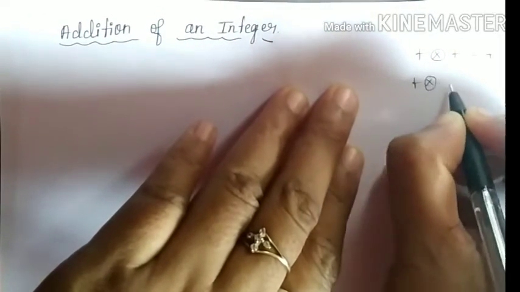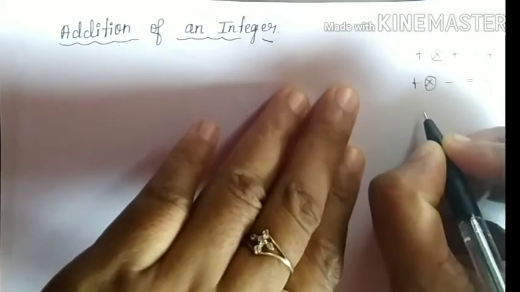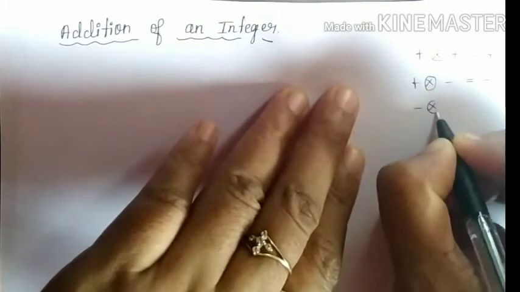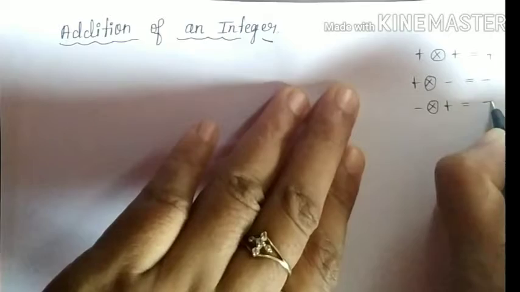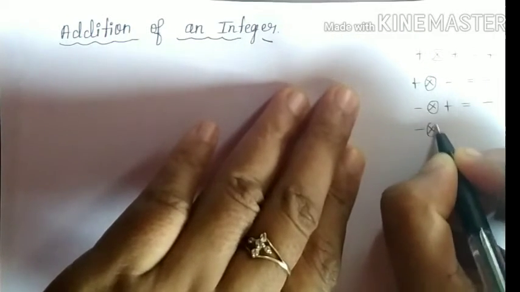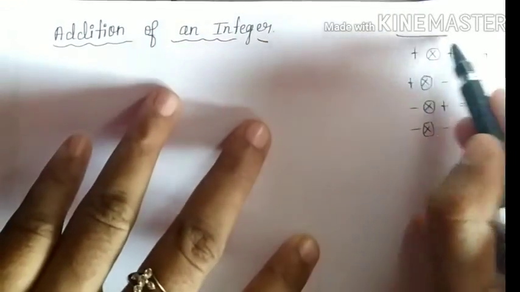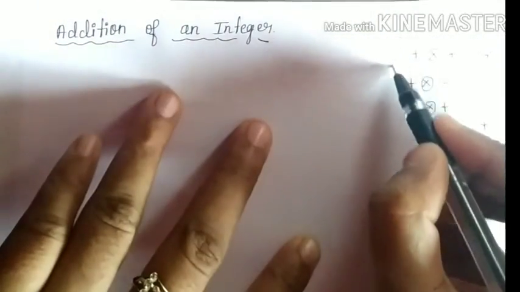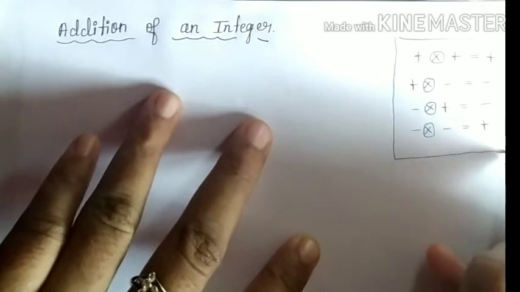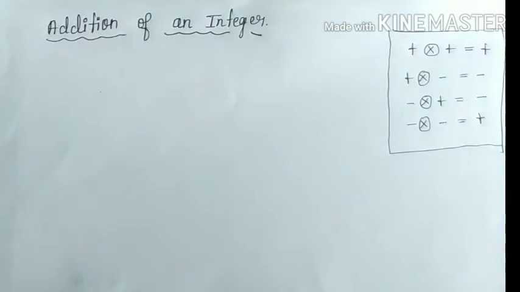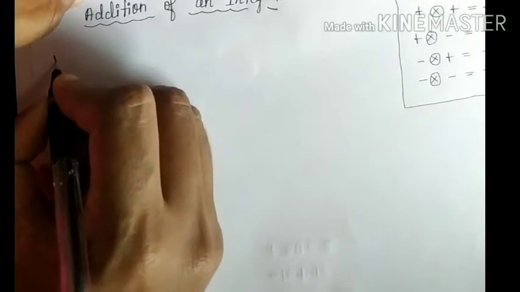Plus into minus gives minus, minus into plus gives minus, minus into minus gives plus. So these are the sign multiplication rules, and these are very important in the addition, subtraction, multiplication and division of integers. Okay.